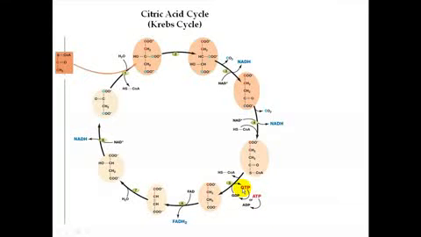GTP is really similar in structure to ATP. So this guanine triphosphate is also considered to be a high energy molecule that can be used to power certain activities of the cell. So depending on the type of cell it is, it'll either produce GTP during the Krebs cycle or ATP during the Krebs cycle.